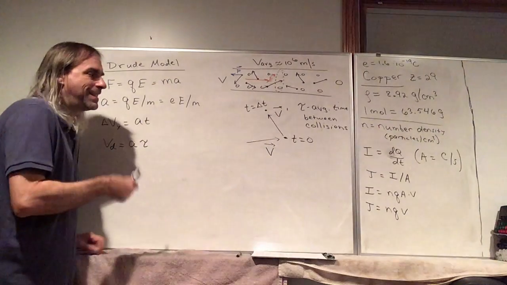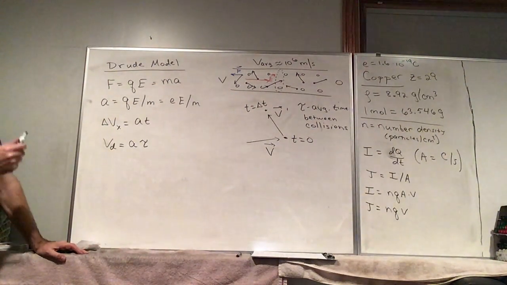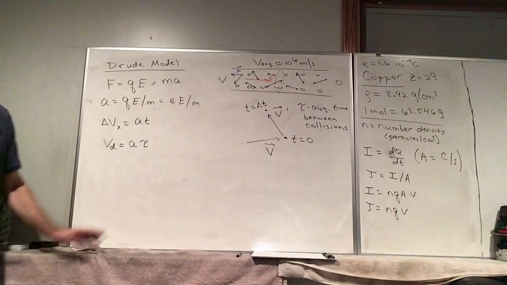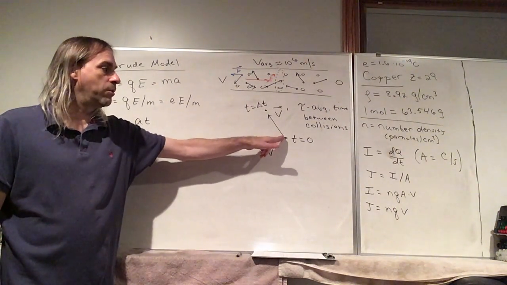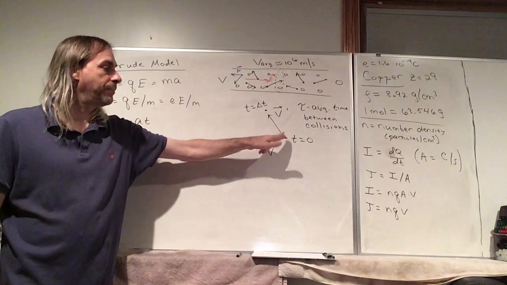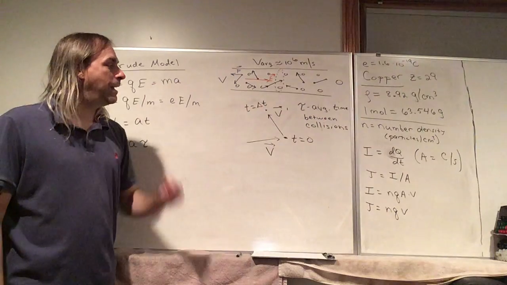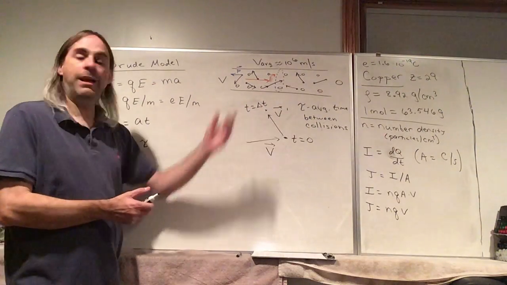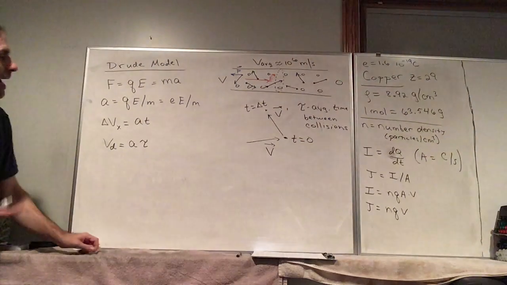Now, this might seem wrong at first, because if you look at an atom, it starts out with a velocity v prime at t equals 0 when it leaves this atom here, and then at some time later, an average time of tau, it's going to be moving with a velocity v prime.